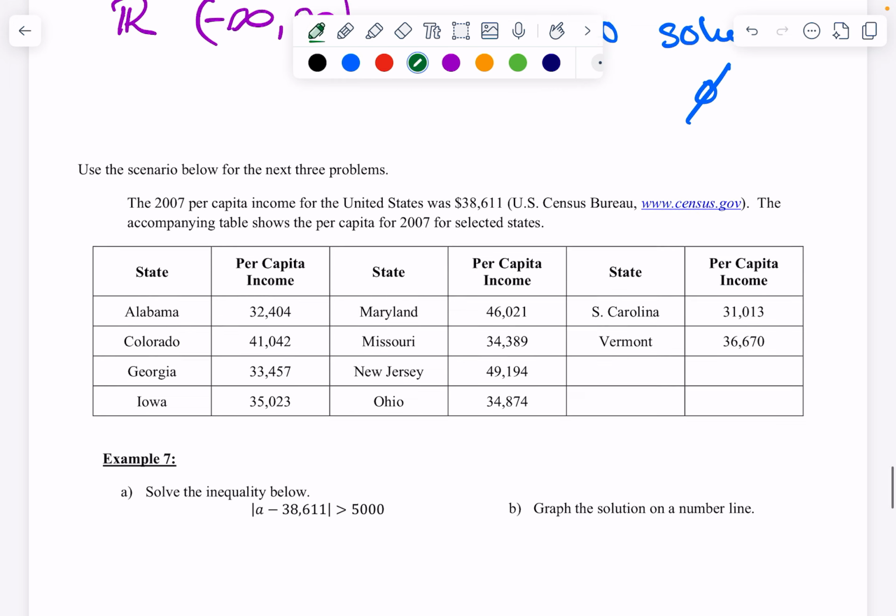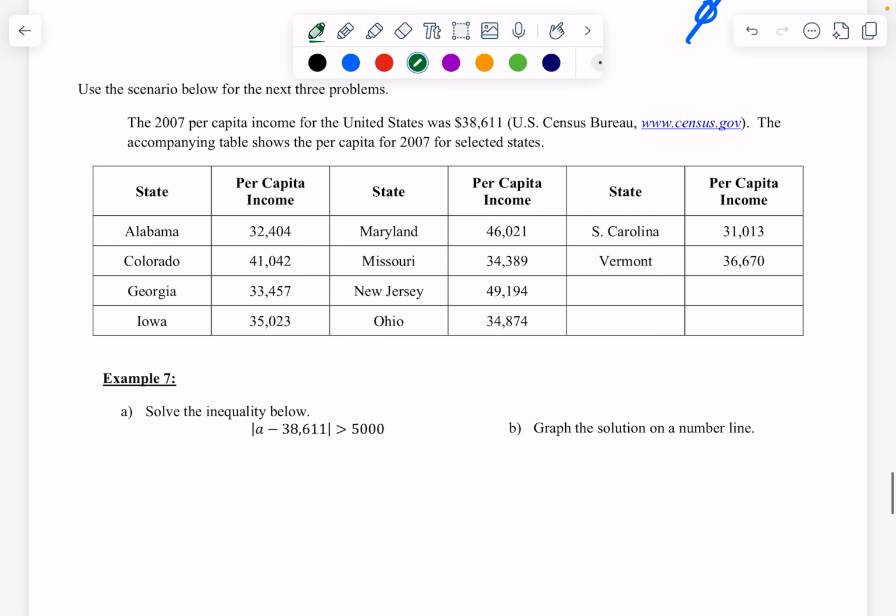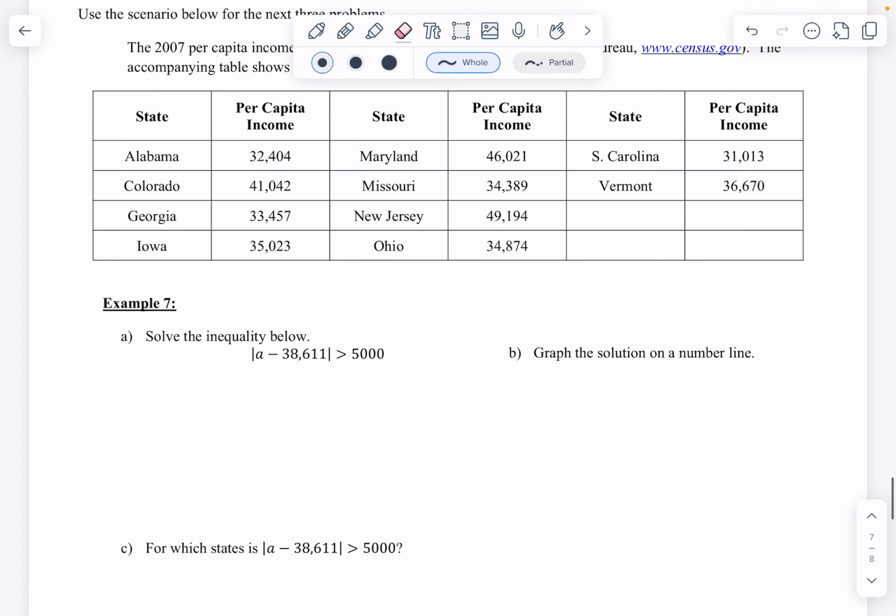All right, let's look at an application. So, the 2007 per capita income for the US was $38,611. The accompanying table shows per capita income for 2007 for selected states. First we're going to solve the inequality here, which has a greater than sign.